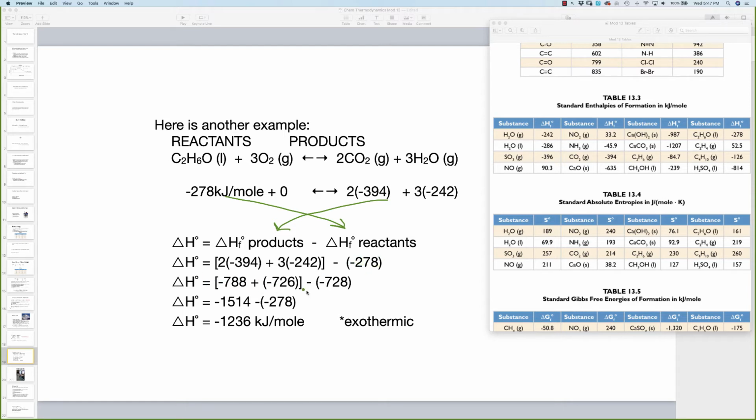So we do our math here, we get negative 1514 minus a negative 278, and subtracting a negative is the same thing as adding a positive. So that gives us a negative 1236 kilojoules per mole. Again, it's negative. That tells us it's exothermic. It goes on the product side of the reaction over here. It would be plus 1236 kilojoules per mole.